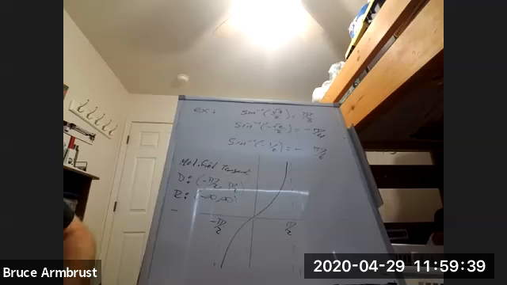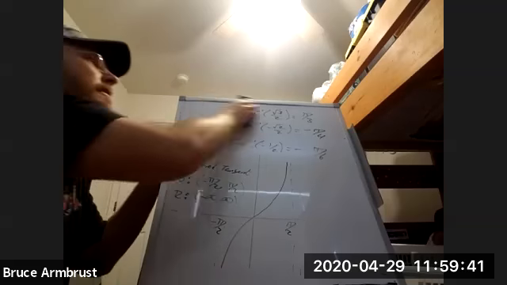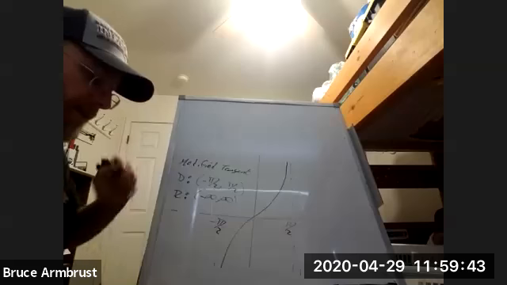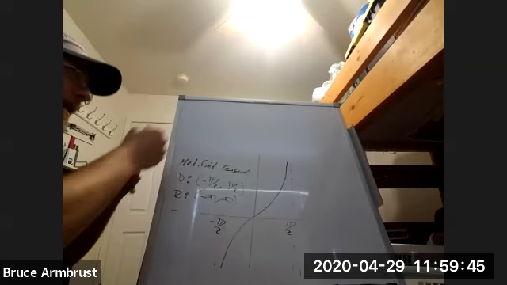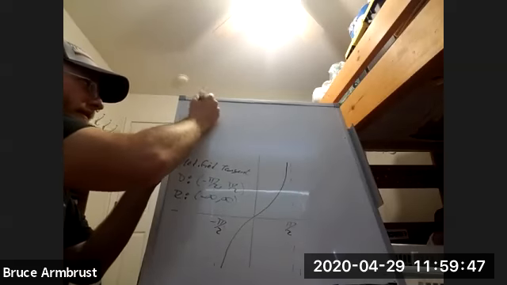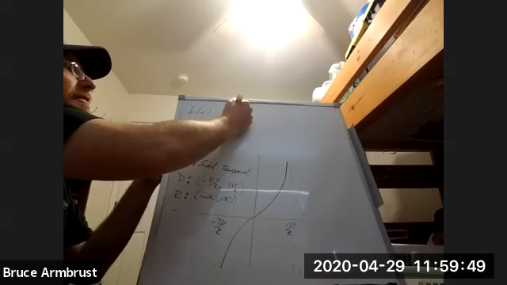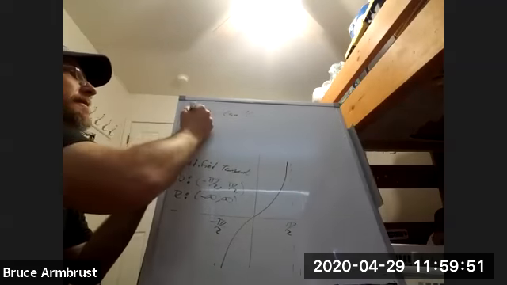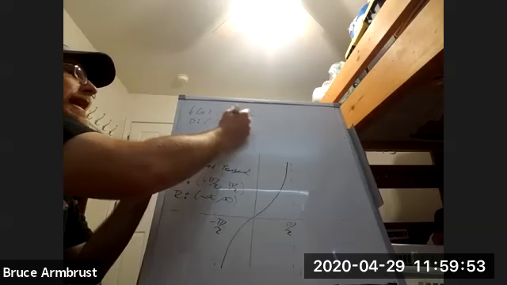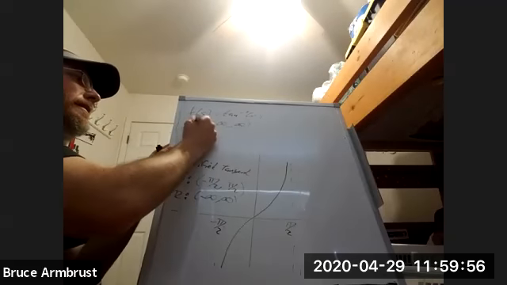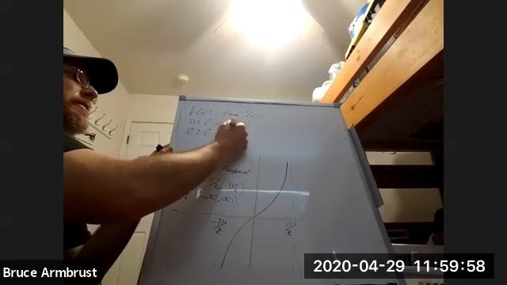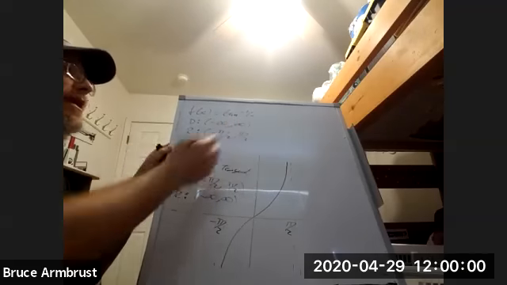Which means then for tangent inverse, its domain will be minus infinity to infinity. So if I've got tangent inverse of x, I can plug any number I want in, but the numbers that come out are between minus pi over 2 and pi over 2.